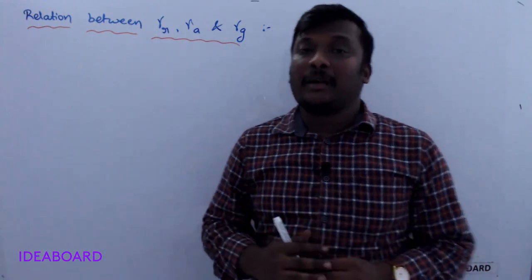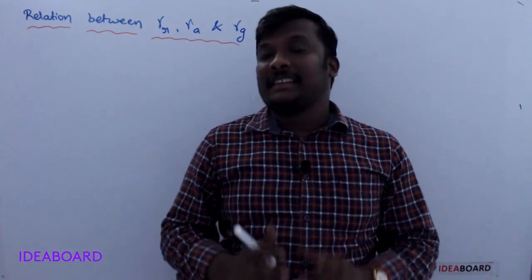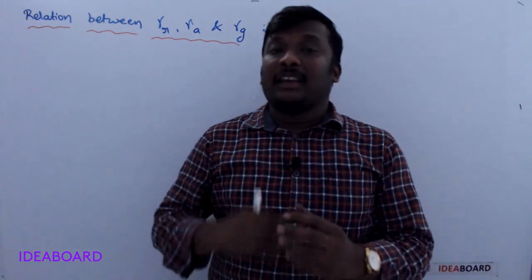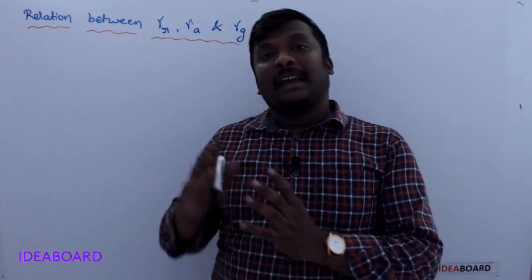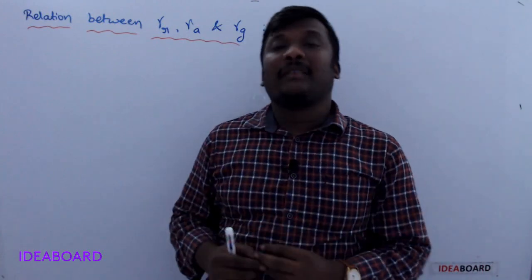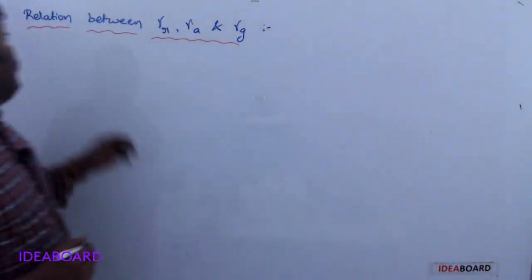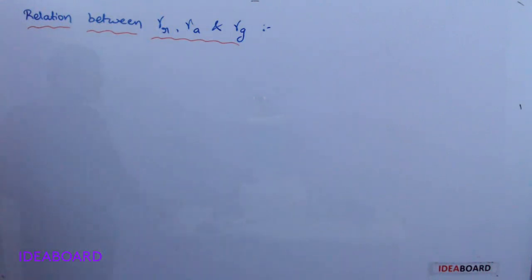Generally, vessels are made of glass, that's why I am considering only glass. If the vessel is made of something other than glass, they give the value of that one. Is it clear?